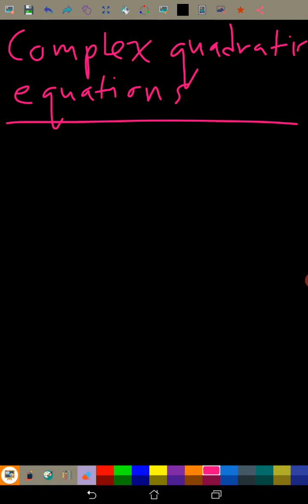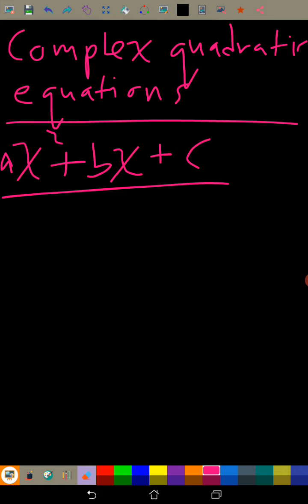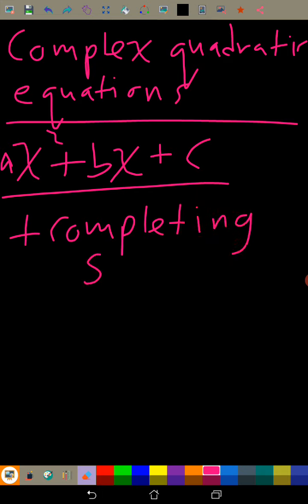So we know very well now how to solve a quadratic equation, ax squared plus bx plus c. This is a normal form. We have seen completing the square. We know how to complete the square if this cannot be factorized.